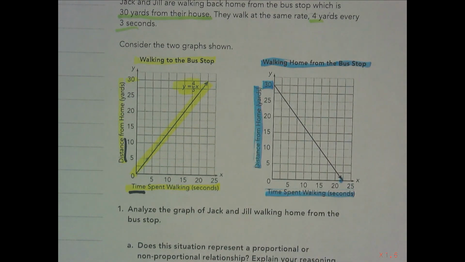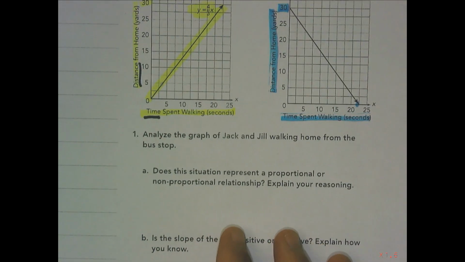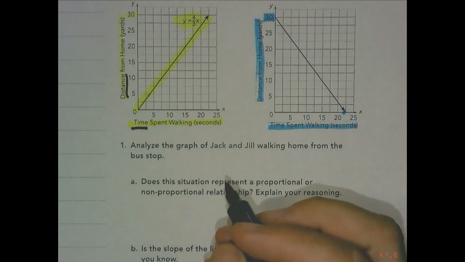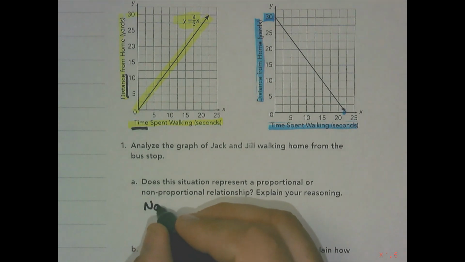Now, question 1 says, analyze the graph of Jack and Jill walking home from the bus stop. Does this situation represent a proportional or non-proportional relationship? Well, the answer is it's non-proportional.